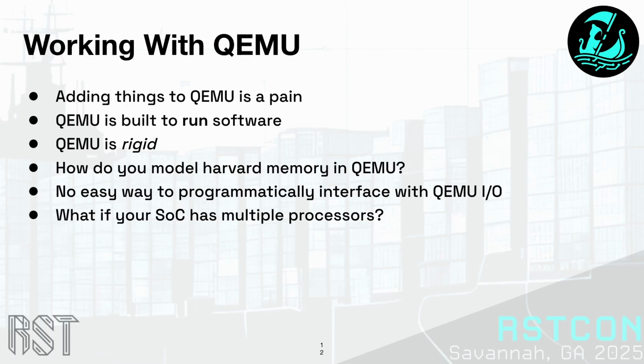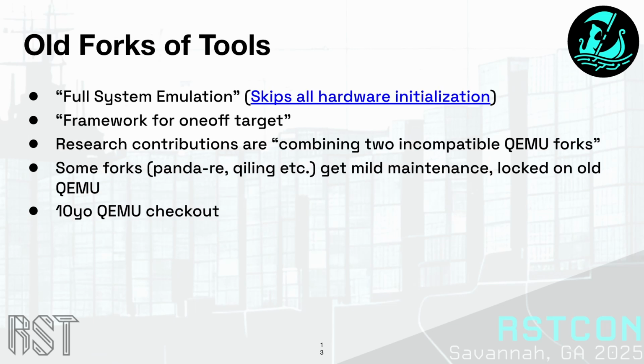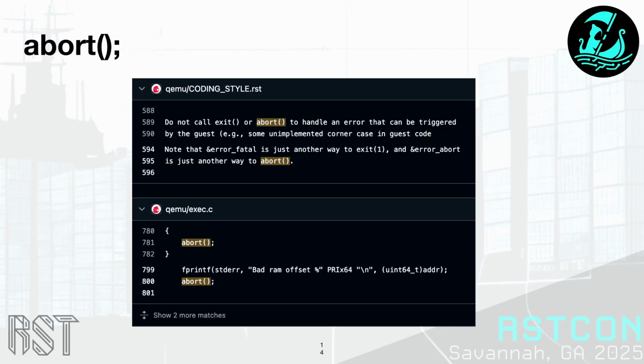And then things get more complicated when you have a SoC with multiple processors, especially if they're different architectures doing a bunch of crazy stuff. What do you do? This is another reason why, when people ask why don't you want to use Unicorn to emulate stuff, this is one of my favorite examples.